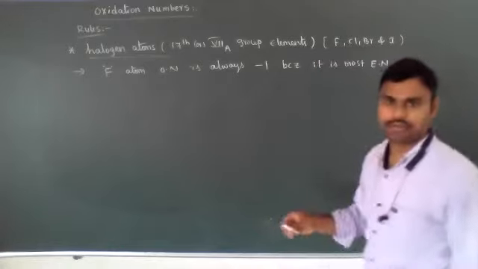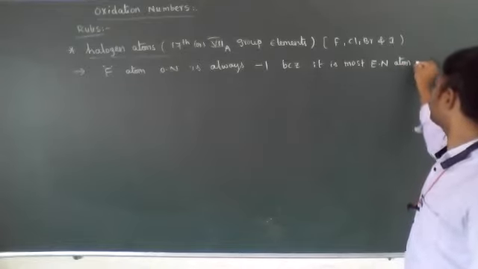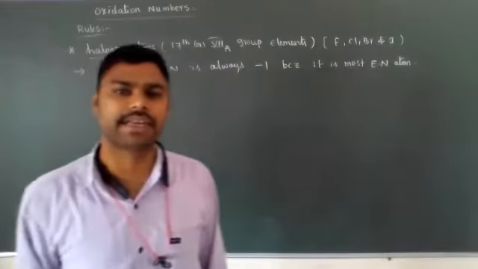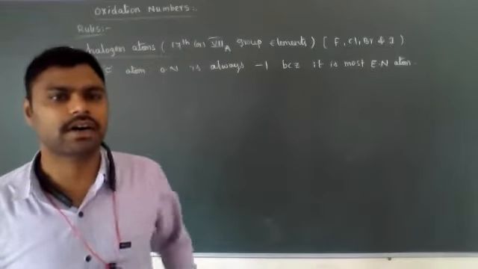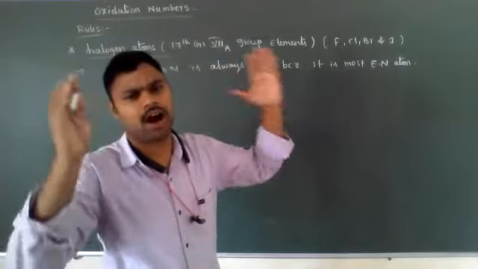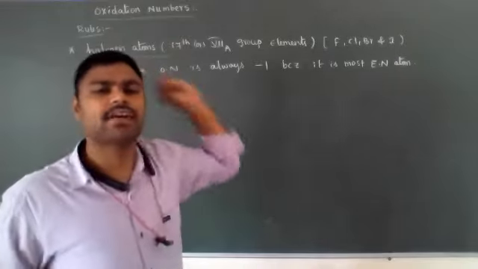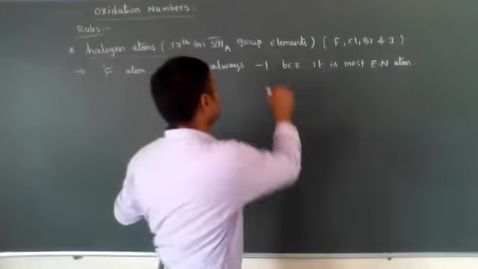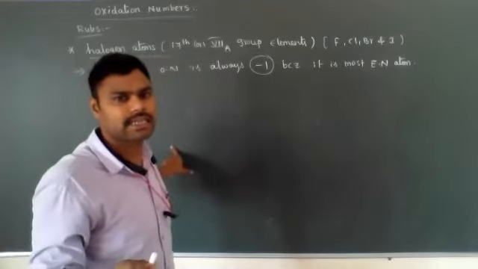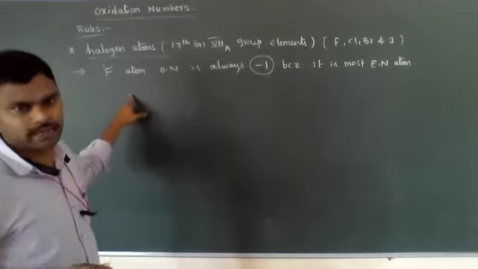EN means electronegativity. Most electronegative element. So in the periodic table, highest electronegativity belongs to which atom? Fluorine atom only. That's why in any compound where fluorine atom is present, we need to consider its oxidation number -1 only. There is no exception for fluorine atoms.